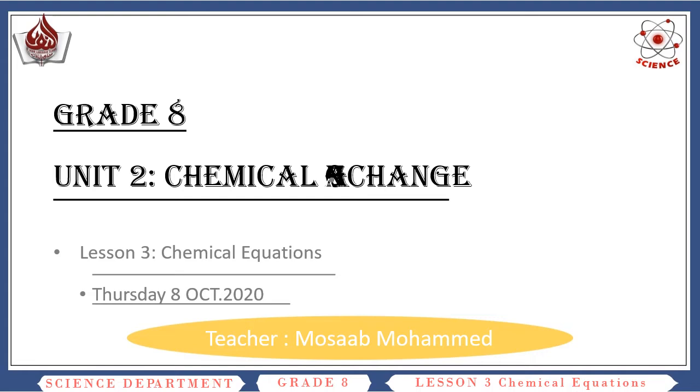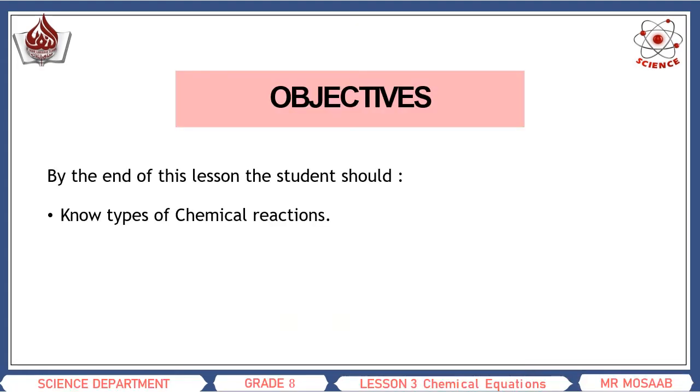Good morning, grade 8. This is the last part in lesson 3, chemical equations. For today, you should know the different types of chemical reactions. We have four different types of chemical reaction.